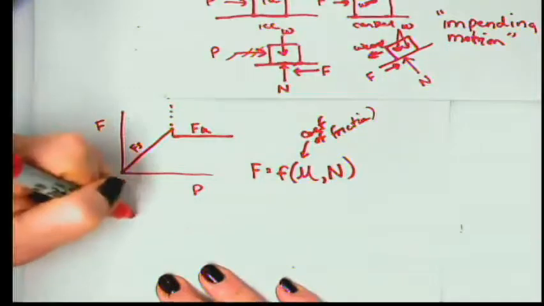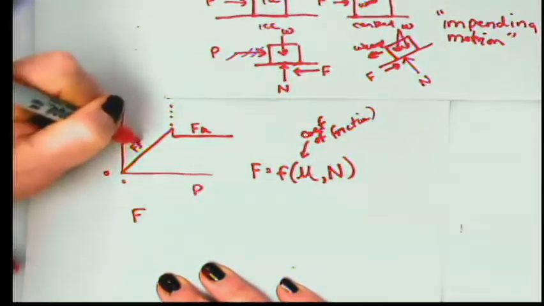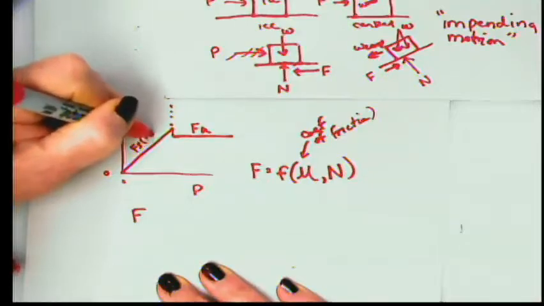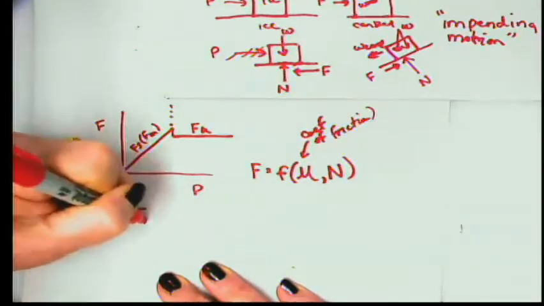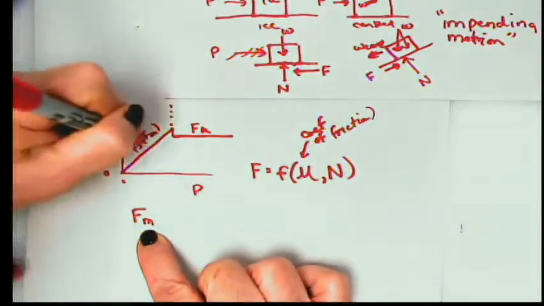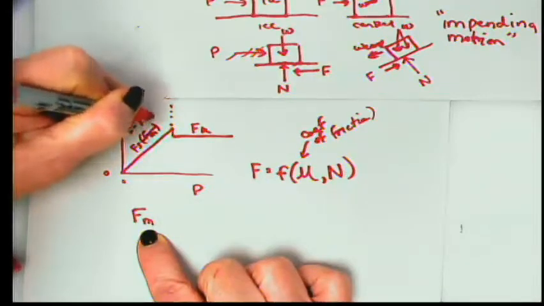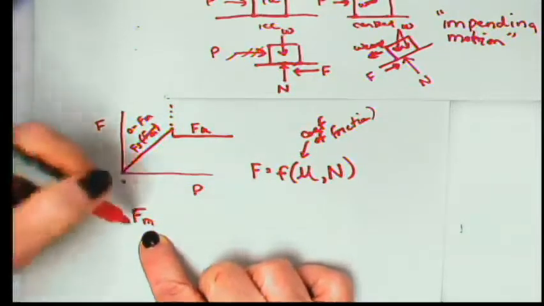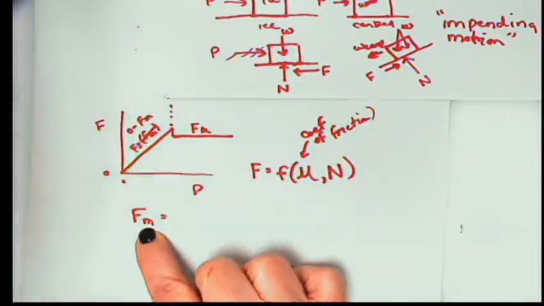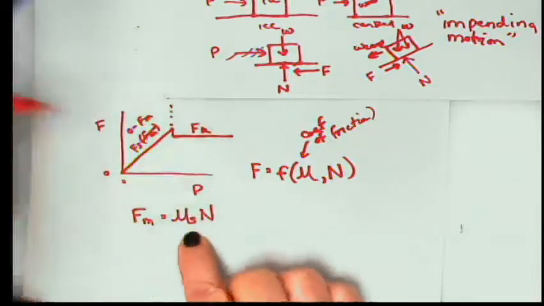And since we've talked about there being two different kinds of friction, static, which they refer to in the textbook as F sub m, it's called the maximum value. Let's say F sub s goes from 0 to F sub m. That's more like it. So the maximum force of static friction is equal to mu s times N.